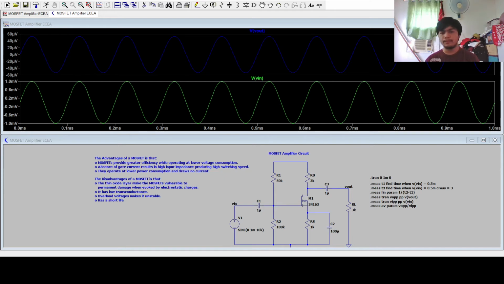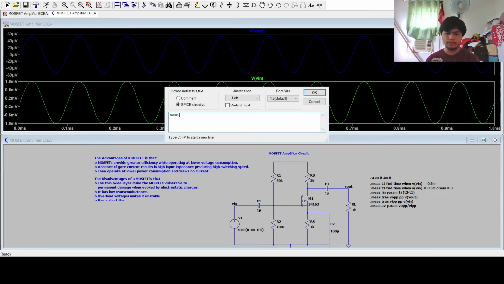For the current peak-to-peak, same goes for the voltage, but we will use I. So that's measure tran current output peak to peak, I capacitor 1, and measure tran current input peak to peak, I RL.